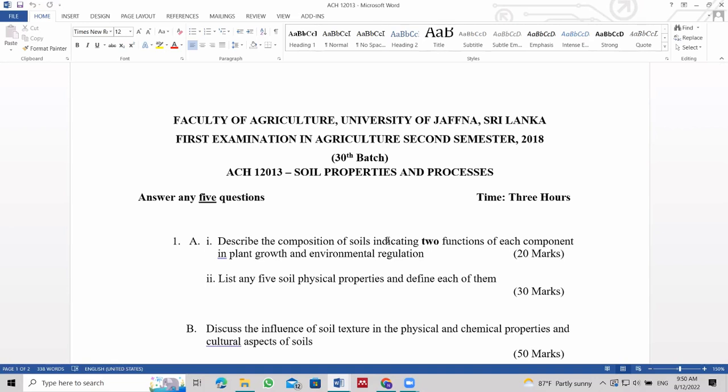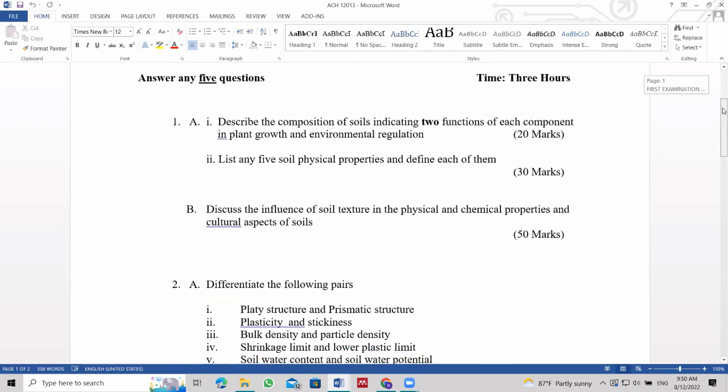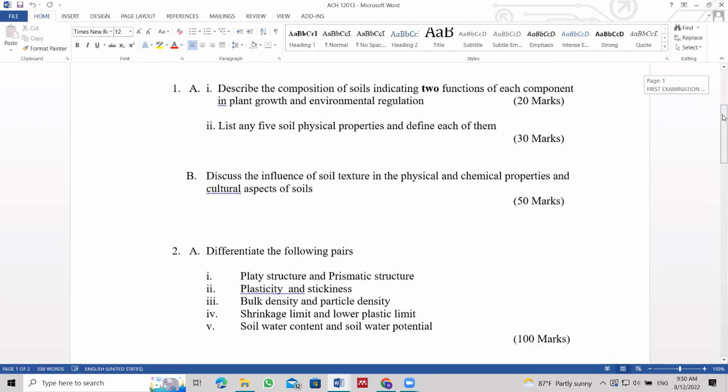What is the composition of soil? Soil is made up of what? Soil air, soil water, organic matter.